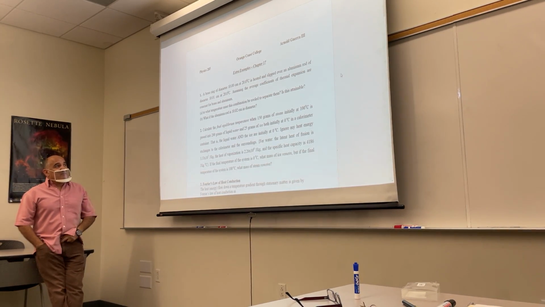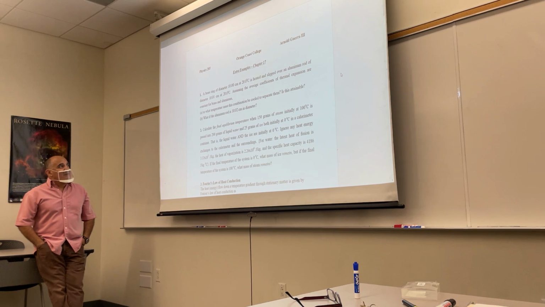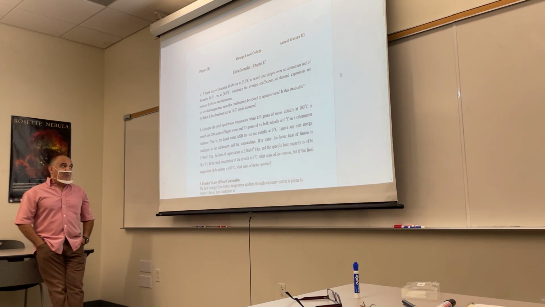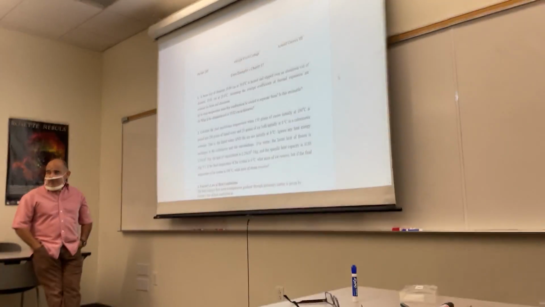A brass ring at 20 degrees Celsius is heated and slipped over an aluminum rod of diameter 10.01 centimeters, which is also at 20 degrees Celsius.